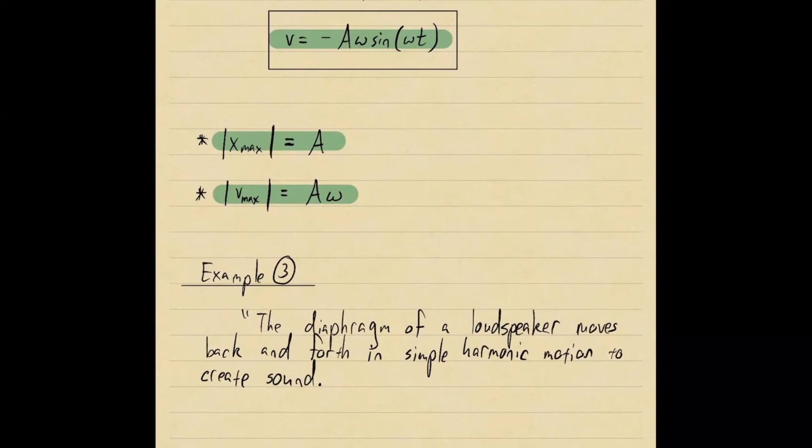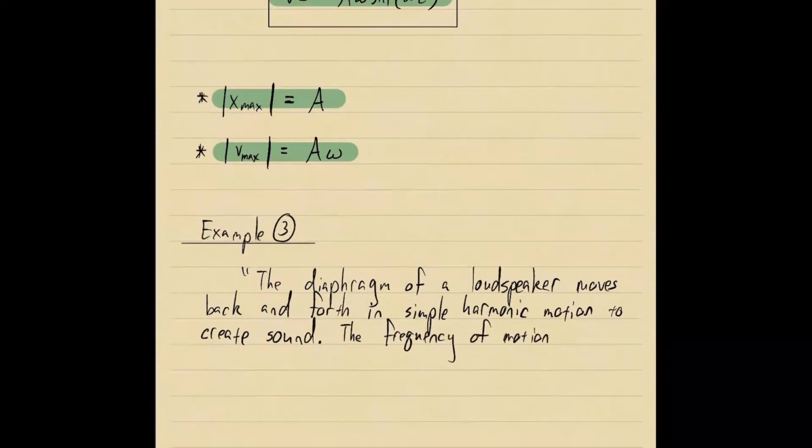So the problem goes on to say that the frequency of motion is f equal to 1 kilohertz. So this is 1,000 hertz. So it's basically vibrating at 1,000 times per second.